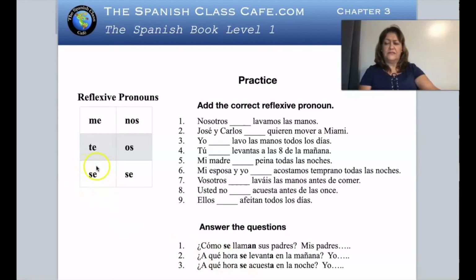Usted. ¿A qué hora se acuesta usted? But if we're going to answer, like, I go to bed at 10 in the evening, then you go to the yo. Yo me acuesto. And also a conjugation change from a to o. From acuesta to acuesto, a las 10 de la noche.